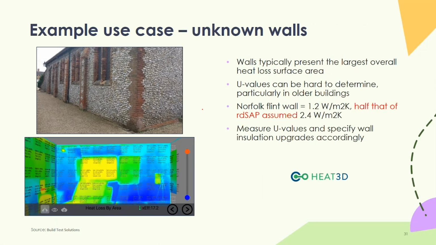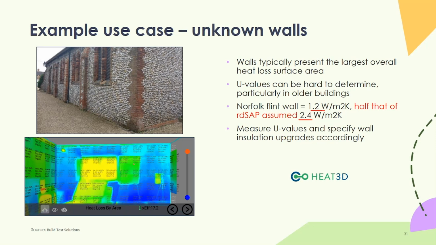And then here we have measuring of U values. So this is in Norfolk, a really nice looking granite stone wall. You would never core drill that, or an energy assessor stands no chance of reliably calculating what the U value would be. Yes, you can use your tape measure for the thickness of the wall, but RDSAP would have assumed the U value to be 2.2. It's measured at 1.2, so half the heat loss of what was otherwise assumed.